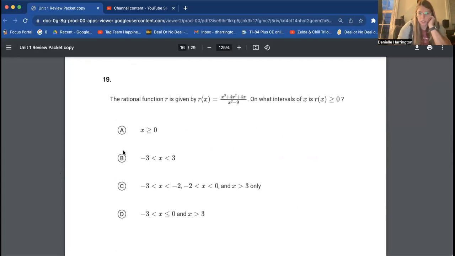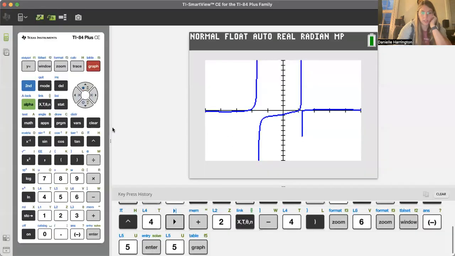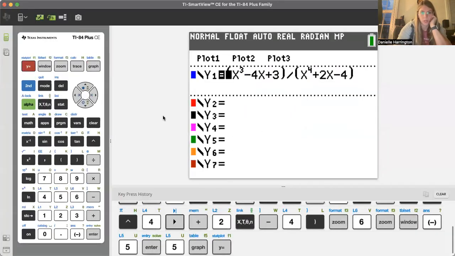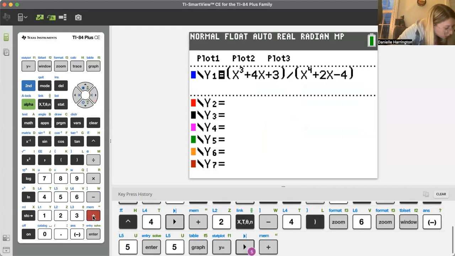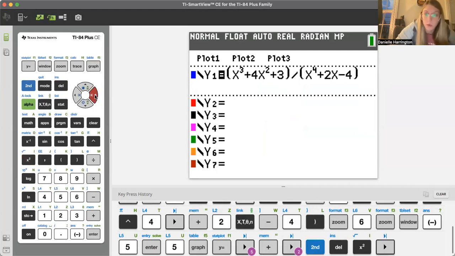On what intervals is r of x greater than 0? Why don't we just graph this? And that's exactly what we're going to do. We're going to go to our handy dandy smart view, and we're going to plug in the function that we care about. It is x cubed plus 4x squared plus 4x.